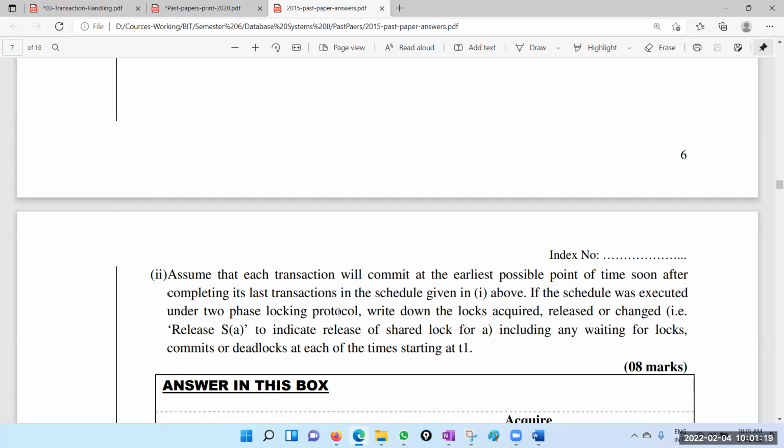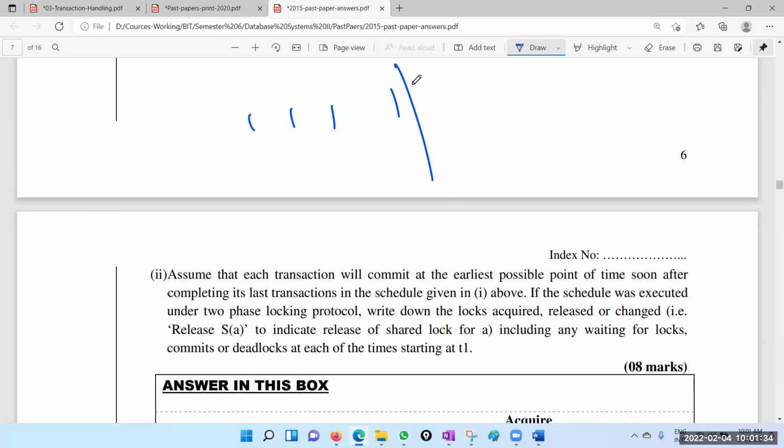A little bit of ambiguity is there. So when it has 3 steps or 4 steps, the moment your last task is done, it's committed. That is what the examiner is trying to tell.